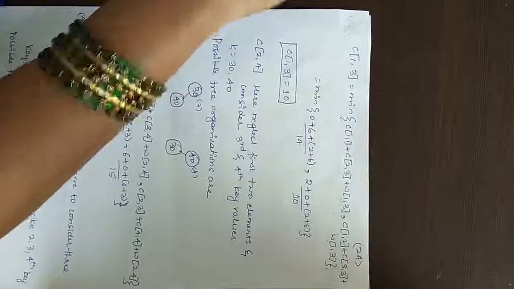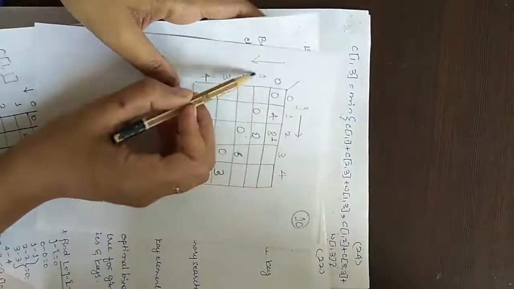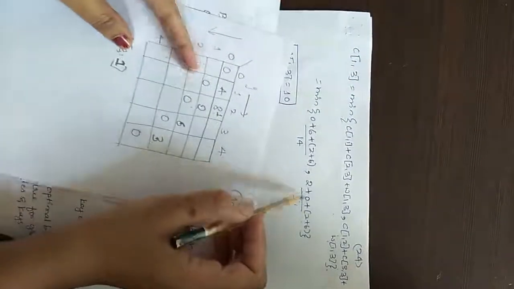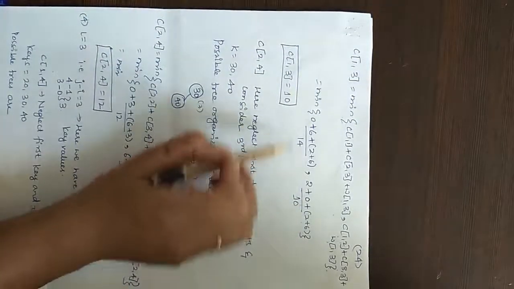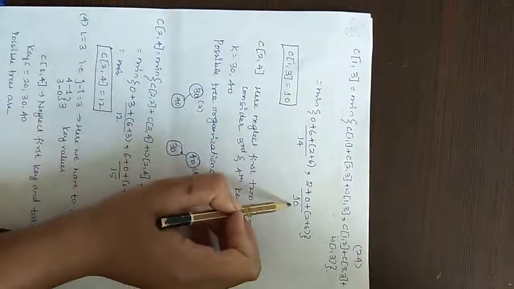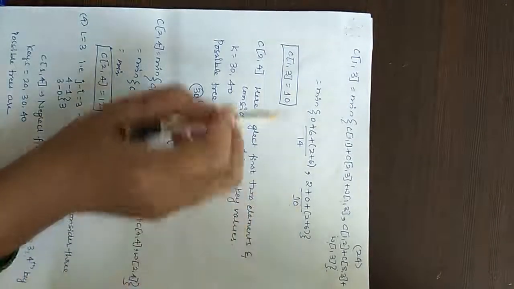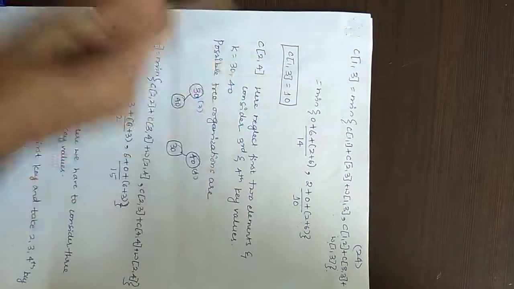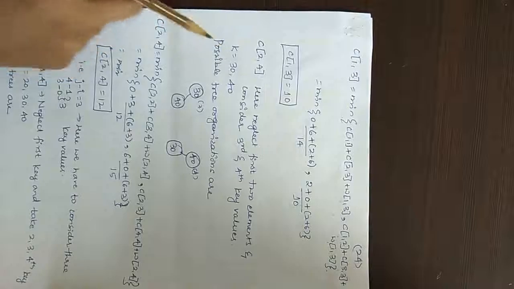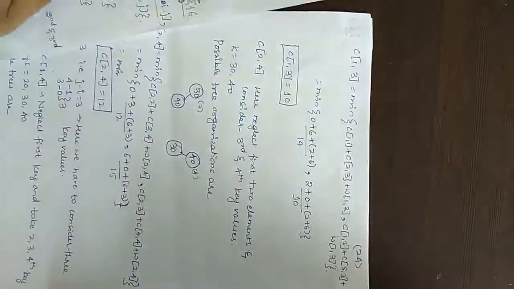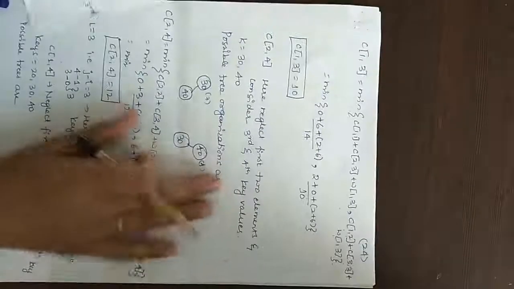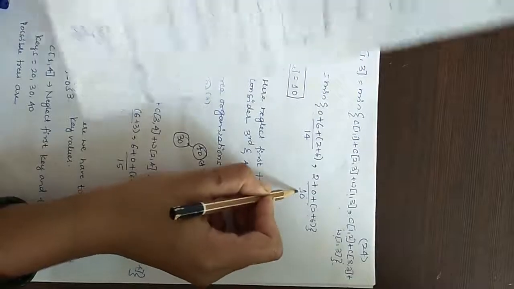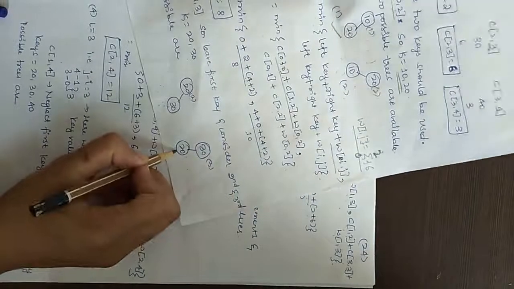C of 1, 2 here. How much is C of 1, 2? It is 2 here. Plus C of 3, 3 is 0. Plus W of ij. So here I have summed it to 14 and this is 10. Which is minimum? 10. So C of 1, 3 is giving me 10 here. This 10 has come from the second tree organization.